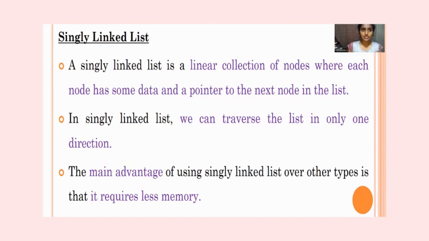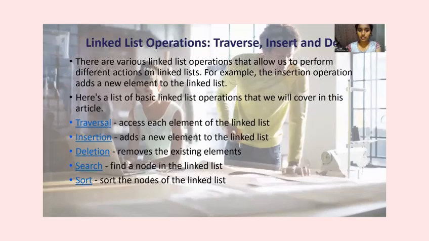In a singly linked list, we can only traverse in a single direction. We can't traverse back or come back. The main advantage of using the singly linked list over other types is that it requires less memory.